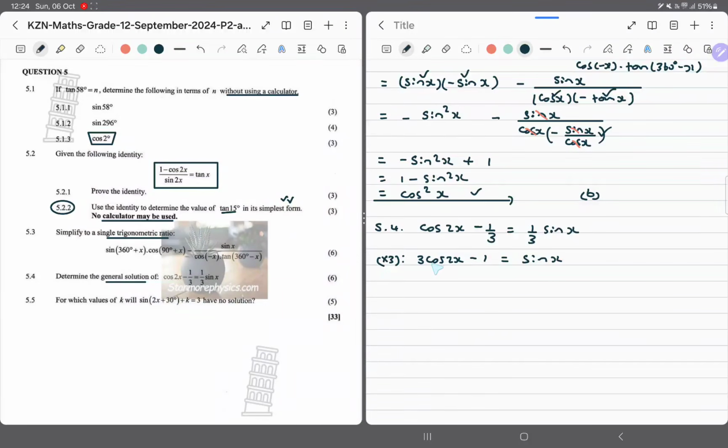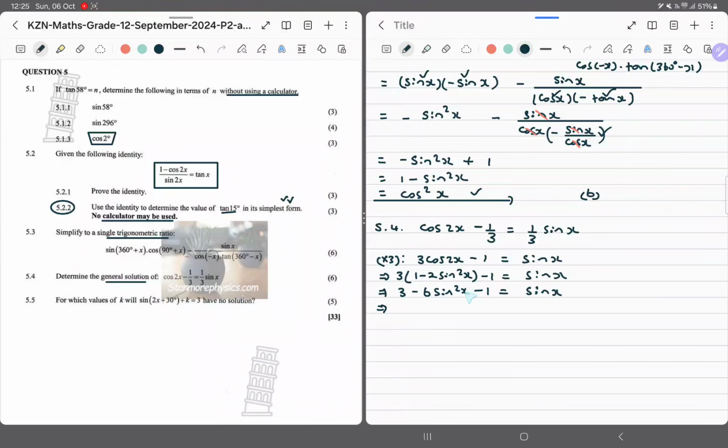So now we've got sine, we've got cos, so we can change this to sine squared x to create a quadratic, because we want to solve. This is 3 into 1 minus 2 sine squared x, minus 1 equals sine x. This implies we distribute, we have 3 minus 6 sine squared x minus 1 equals sine x.